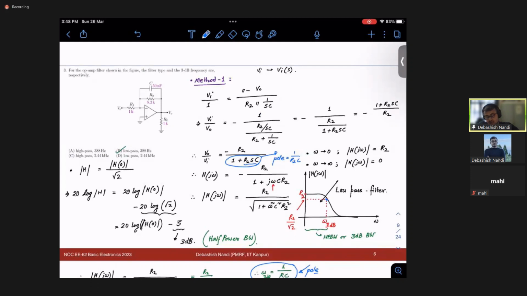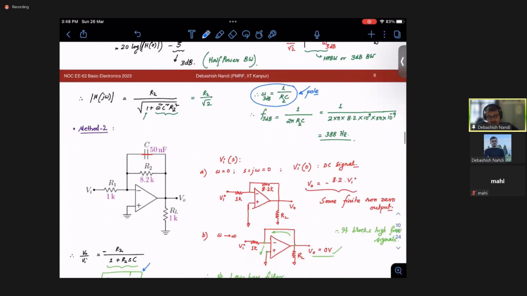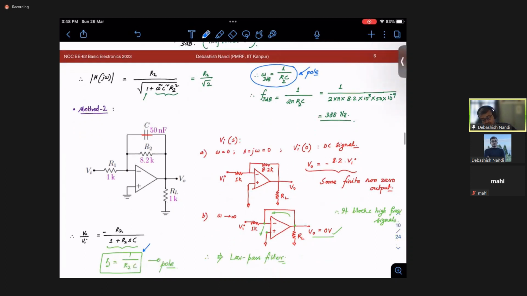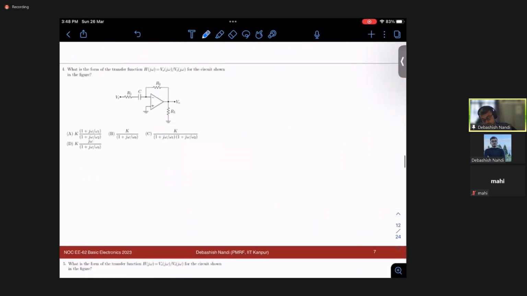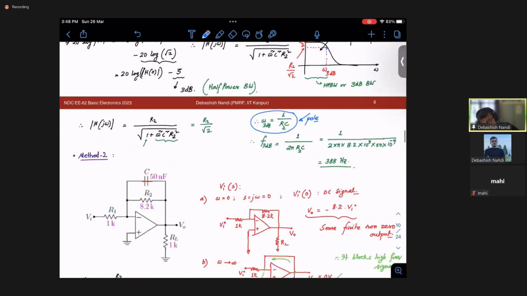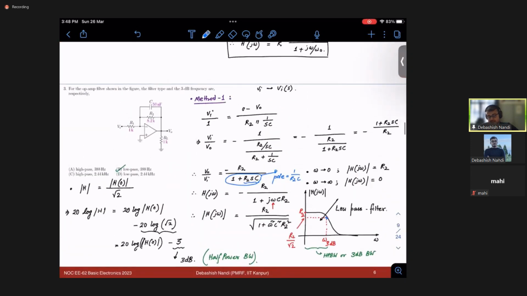Another way is to just simply look at the filter, use your intuition, apply DC, apply infinite frequency, and check what your circuit looks like, right? And then you will be able to say whether it is a low pass filter or a high pass filter, right? So let's move on to the next problem. So what was the answer, by the way? Yeah, the answer was B.